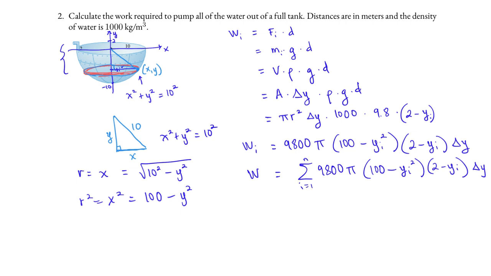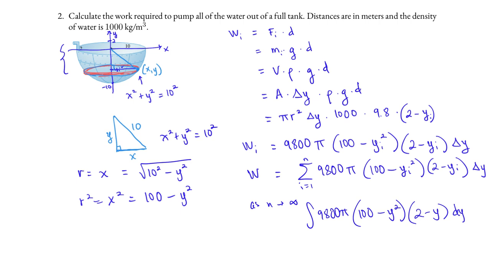As n goes to infinity, we obtain the definite integral from this Riemann sum. 9800 pi is a constant multiple, so we can move it to the front of the integral sign. 100 minus y squared, we can drop the subscript i, times 2 minus y.